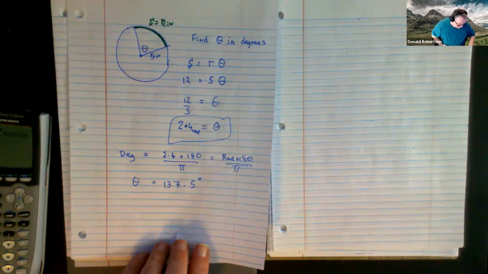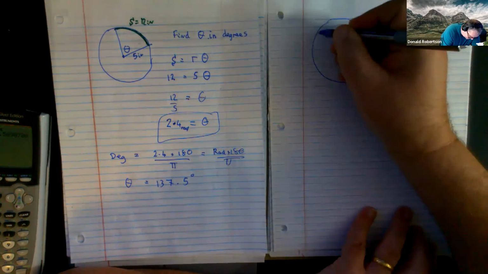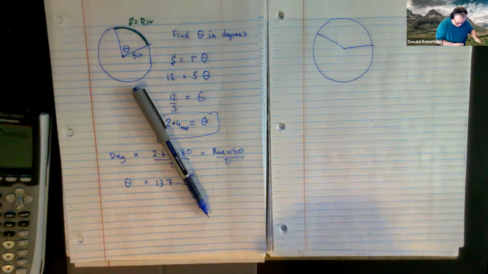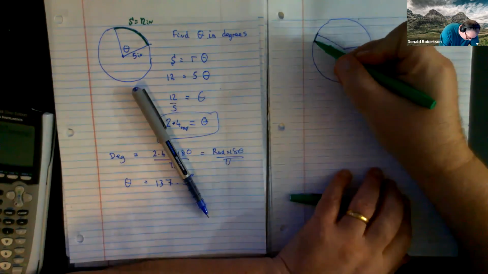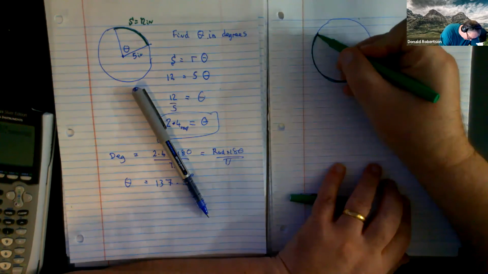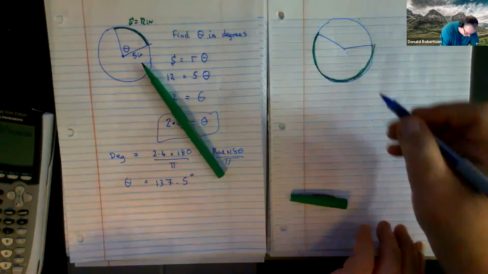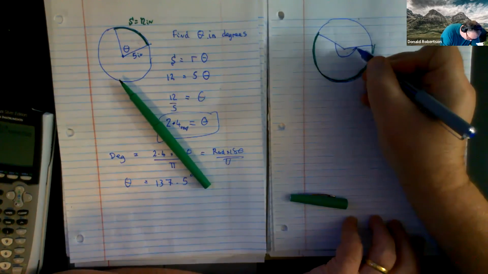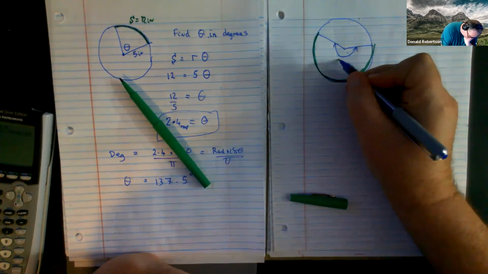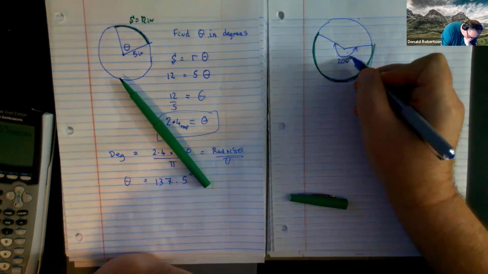Let's do another one of those puzzle ones. Okay, so there's the arc length that we were interested in. The angle that's here, we'll make that angle 200 degrees.